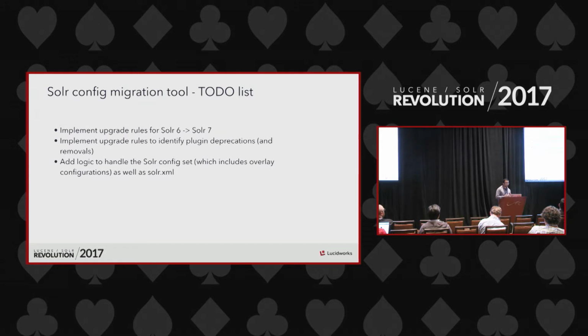On the to-do list, I'm still working on implementing the upgrade rules for Solr 6 to Solr 7. And one thing I mentioned before is that the upgrade section itself is not complete. There are many backward incompatible changes, such as plugin deprecations and removals, which are not listed in that upgrade section, which should ideally be covered by this tool.